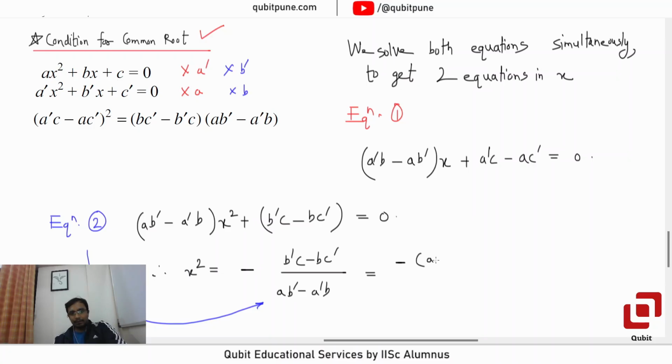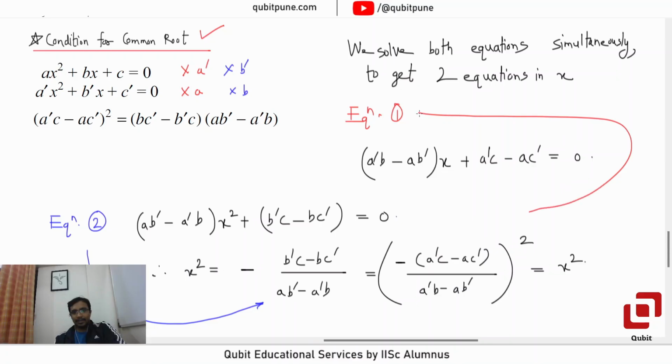Negative of (a prime c minus ac prime) upon (a prime b minus ab prime) the whole square. Understood? The value of x squared from first equation. And then you can equate the two to get the required condition there. Do you follow this or not?